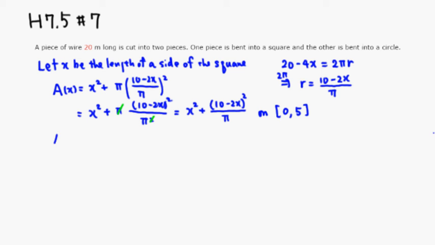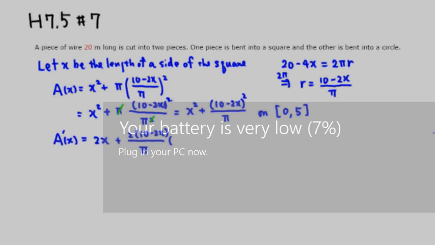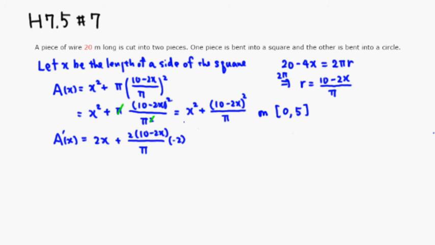So let's take the derivative. The derivative of this is going to be 2x, and for the other term, over pi, just a constant, put 2 in front, and 10 minus 2x, and then multiply by negative 2, which is the derivative of the inside. Let me plug it in.